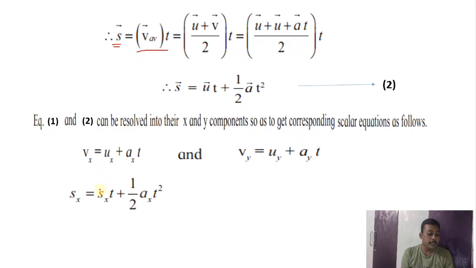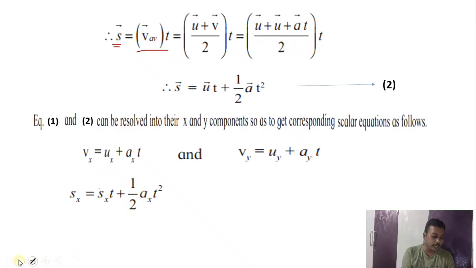So Sx, the displacement along the x-axis. Here is a mistake: I wrote Sx on the right side, but instead of S we have to write u, because the formula is s bar is equal to u bar t plus half a t square.